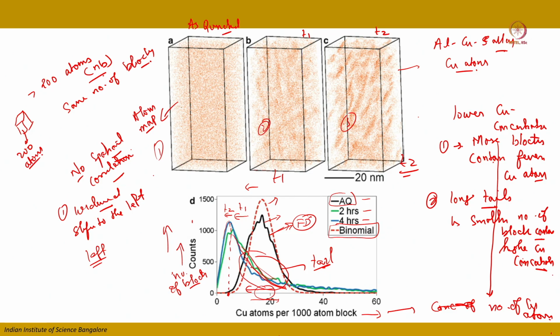So a very small number of blocks, less than 500, contain higher copper concentration. This analysis reveals the copper segregation effects in the data set. You can see that these are the copper rich regions. Okay, so this we can quantify by the frequency distribution. Fine.